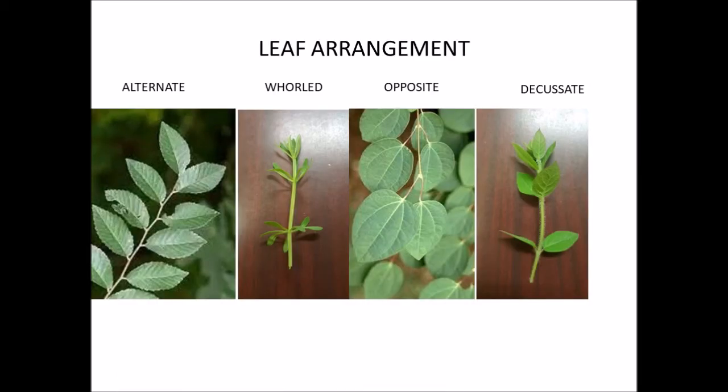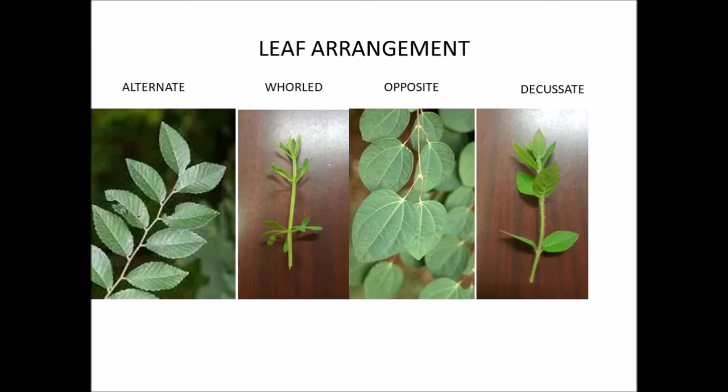Leaf arrangement. Leaves may be alternately arranged. In other words, they are arranged so that they are not opposite each other. They alternate as they move up the stem. They may be whorled. In the second image, you can see there's a number of leaves coming out from the same point, which is referred to as whorled.